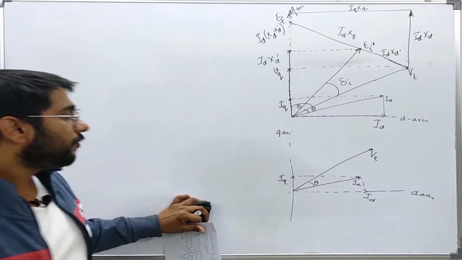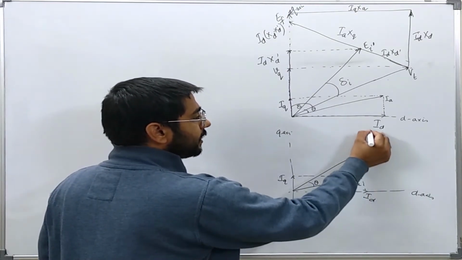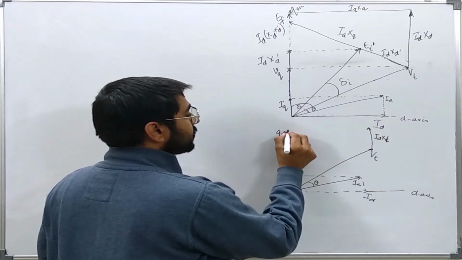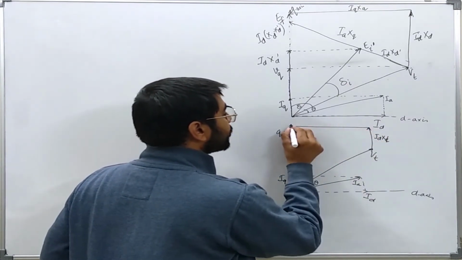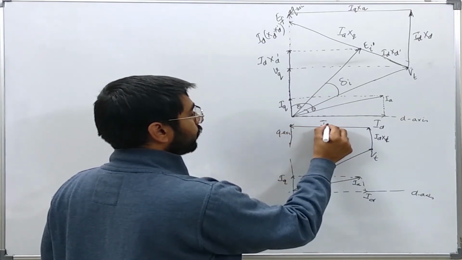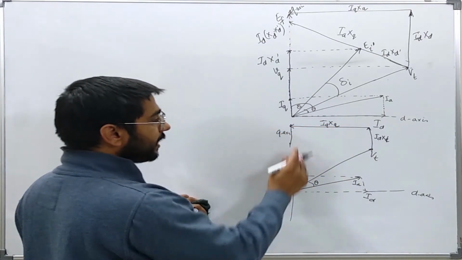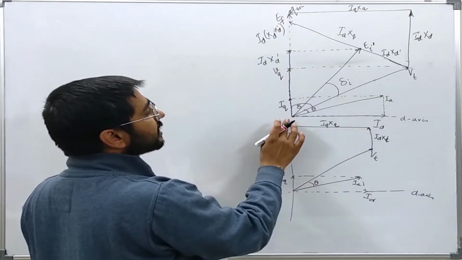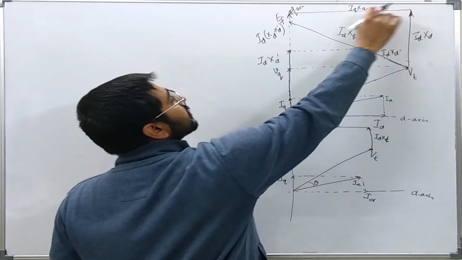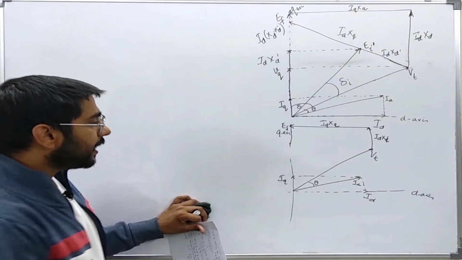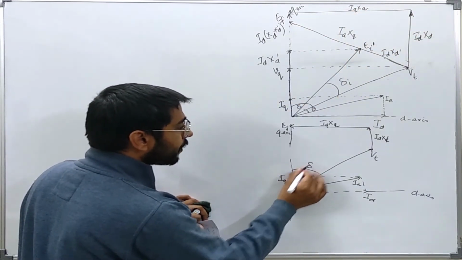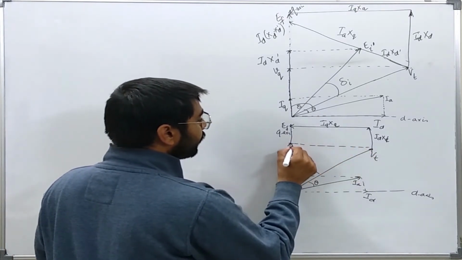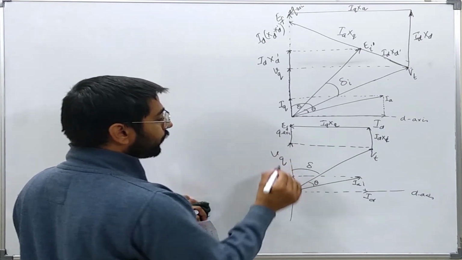Now VT plus ID XD plus IQ XQ will give me EF. So here this is EF. EF is nothing but VT plus ID XD plus IQ XQ. Now this angle is delta. So VT sine delta will come here. So VT sine delta is VQ.